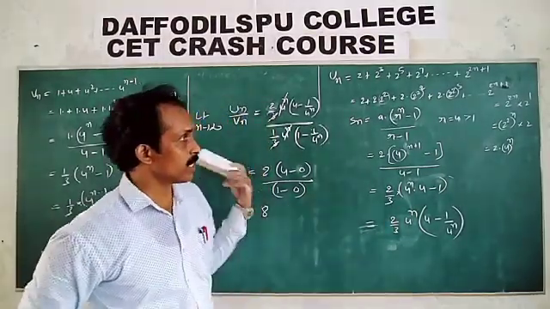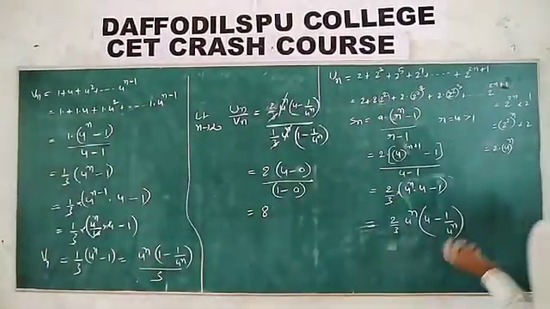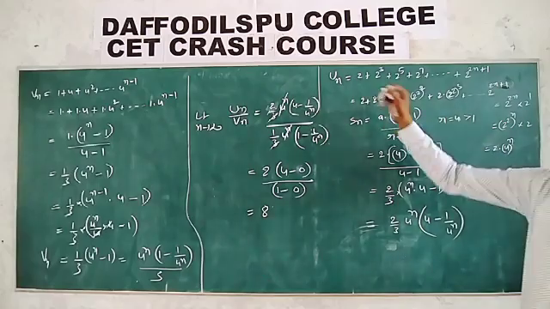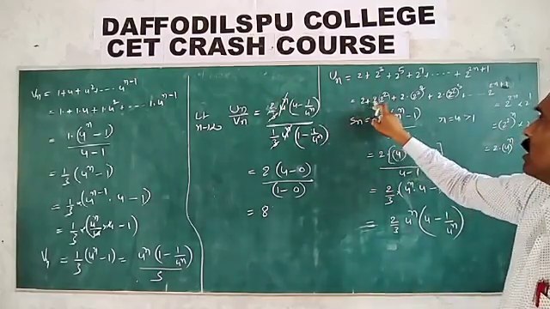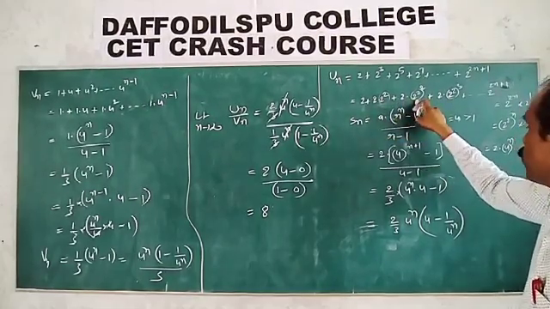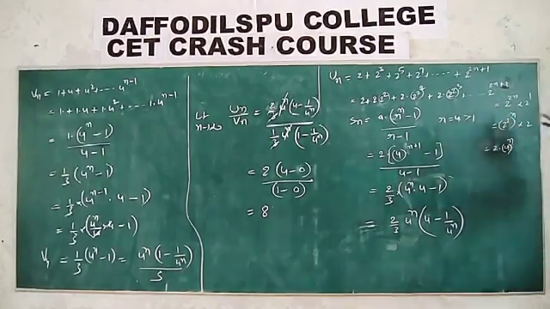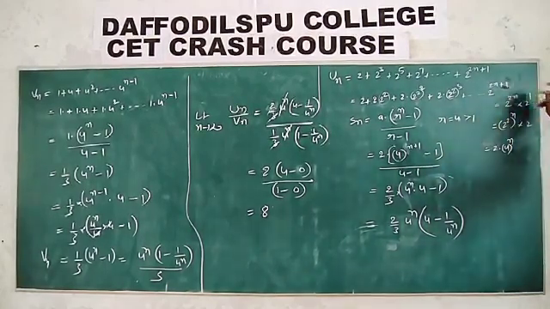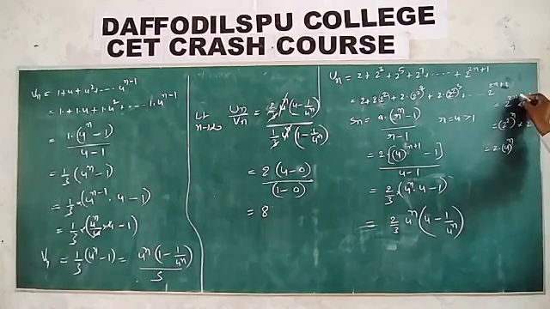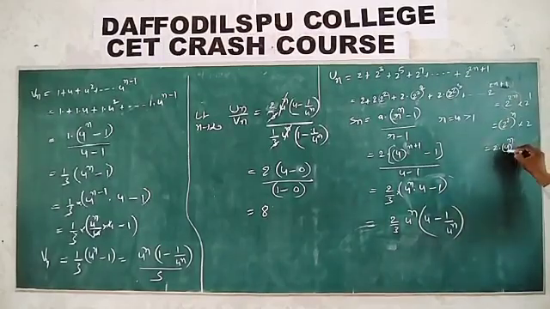Okay students, once you are clear: here is the last term. Actually this is in GP: a, ar, ar square, ar cube. I can write this as a into r power n minus 1. Here r value is 4. 2 power 2n can be written as 2 square whole power n, that is 4 power n.